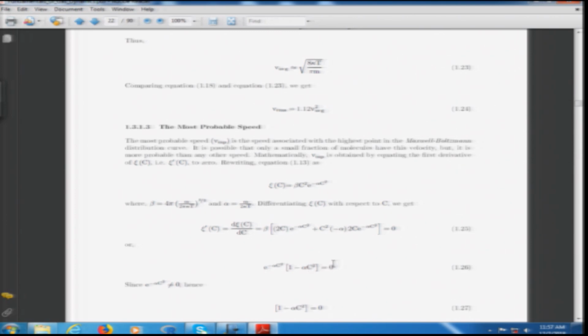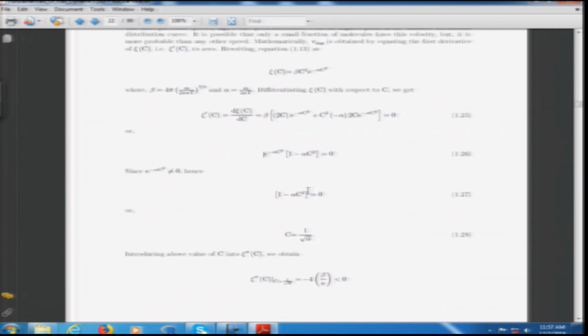And then this leads to an important result, that is c is equal to 1 by square root of alpha. Substituting back in the second differentiation, as we did here, if you perform a second derivative of xi c again, and substitute this value c equal to 1 by square root of alpha, then you will get an expression with minus 4 beta by e.